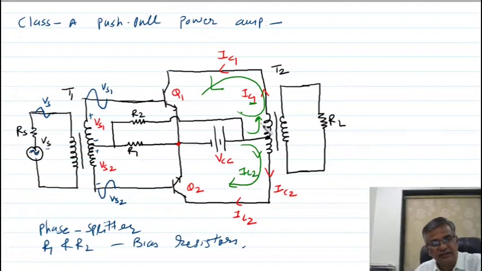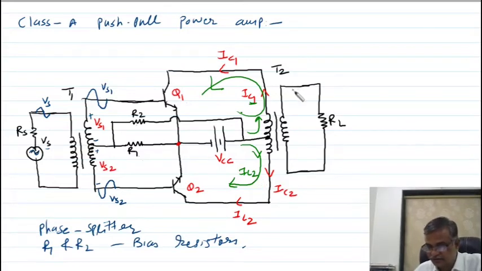So they cancel the magnetic field effect of each other. As a result, the magnetic saturation problem will be overcome. There is no problem of magnetic saturation because current flows in opposite directions in the primary of the transformer.